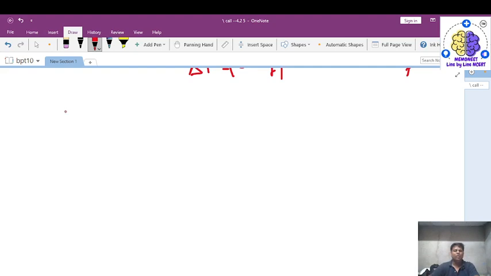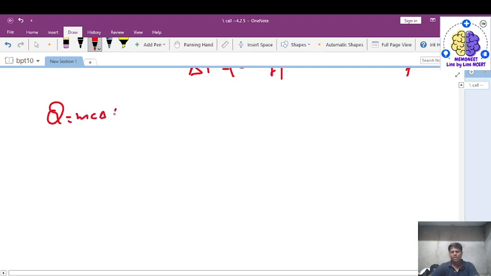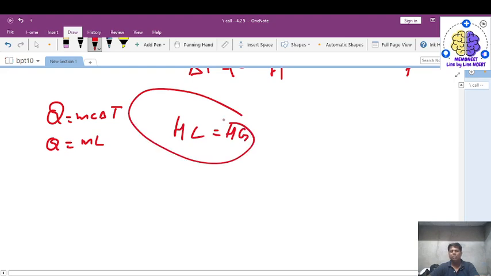So the formula we have studied till now is Q equals mc delta T for the case when the temperature is changing, and Q equals m into L for the case when the state is changing, and heat loss is equal to heat gain. This is the principle of calorimetry, right? So this is all about calorimetry.